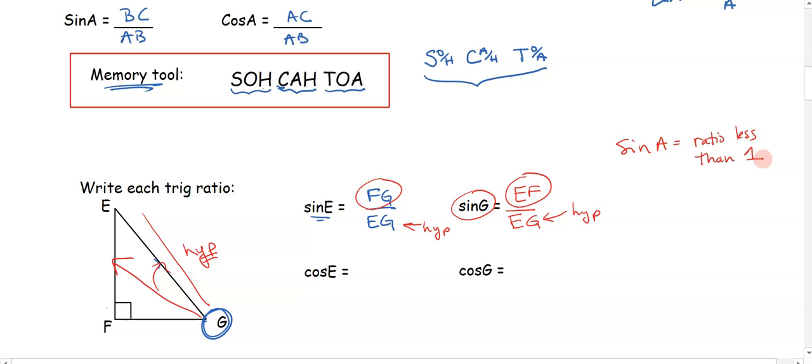It has to be a ratio less than 1 because our hypotenuse is always the longest side, and these two sides are never negative either, because these are actual lengths. So it is always going to be a number that is greater than 0, but less than 1. It can't even equal 1 because EF could never be the same as the hypotenuse. It has to be less than 1.